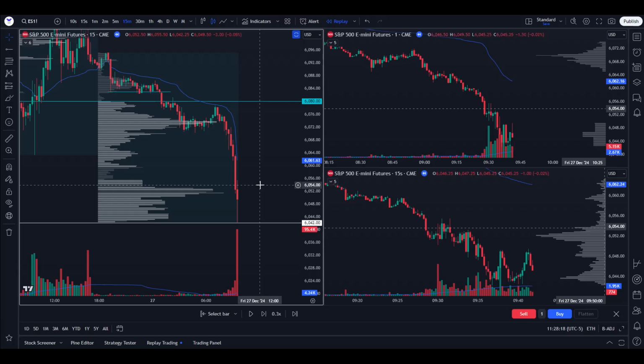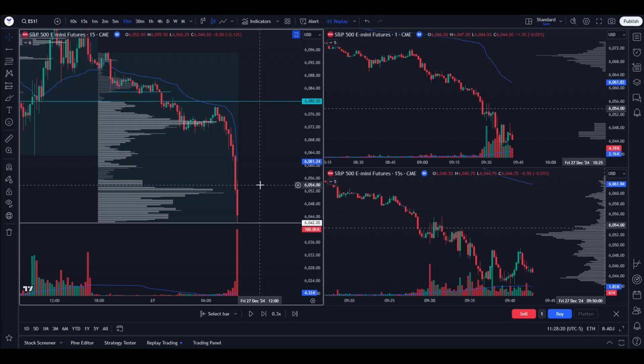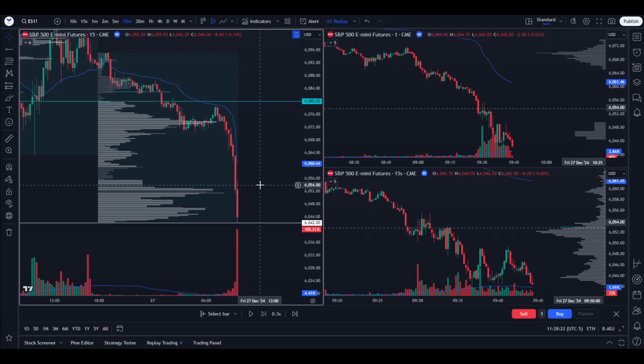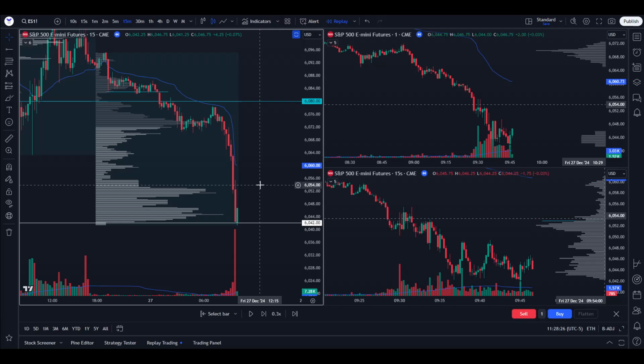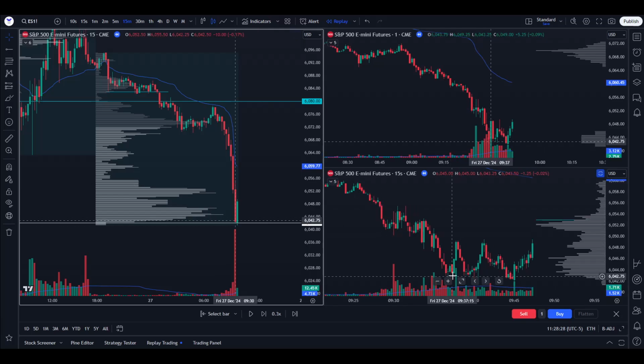And this is where we get a bounce off of around that 42 area. So we keep seeing signs of a bid here.